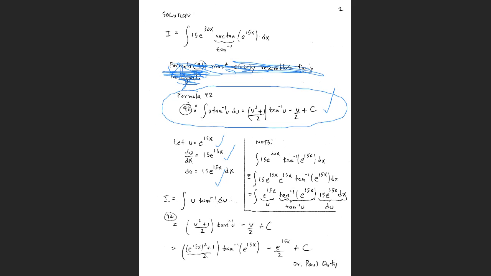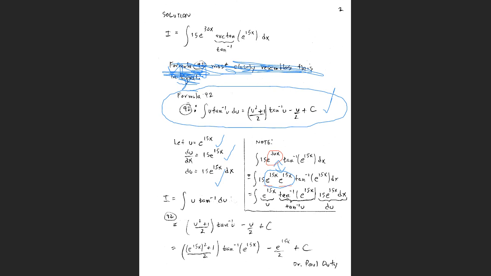I have this e to the 30x here, right? But e to the 30x, interestingly enough, can be written as e to the 15x times e to the 15x, because when the base is the same, you add the exponents. So if you take e to the 15x times e to the 15x, that gives you e to the 30x, right? And vice versa.